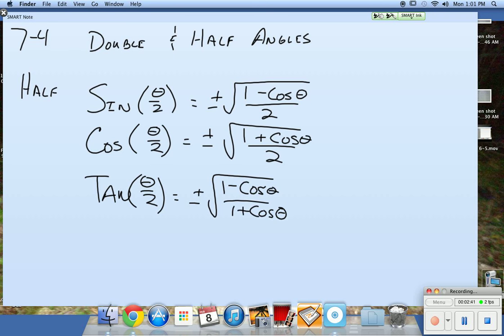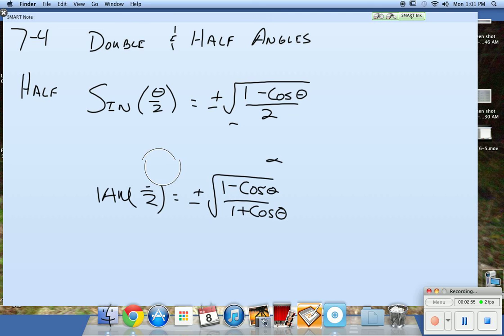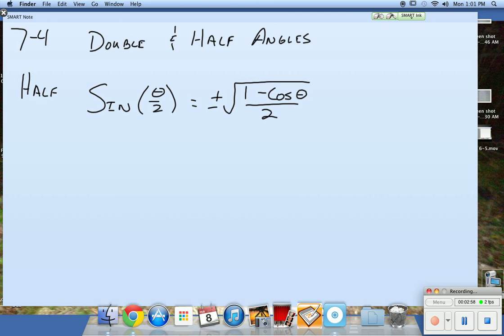Now, what would a half angle look like? I'm not going to clear it all. I'm going to use sine, so I'll leave that one up there. If I had sine of 15 degrees, we look up here, and we don't have a good triangle for 15 degrees, do we?